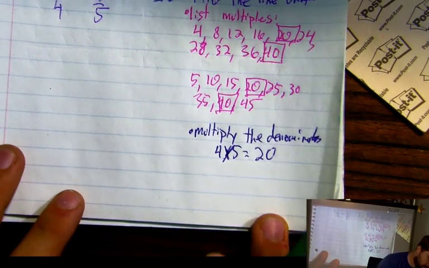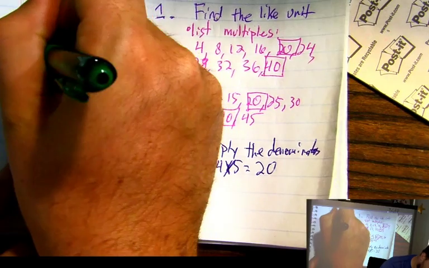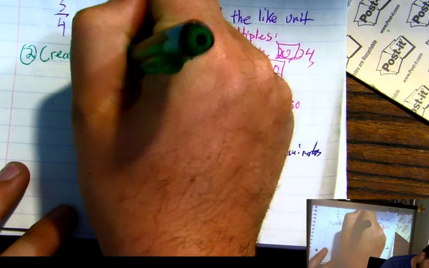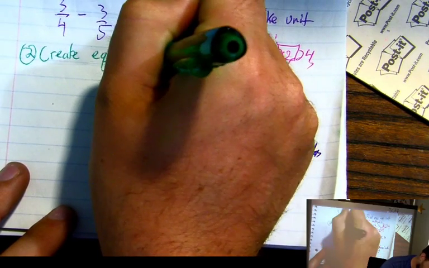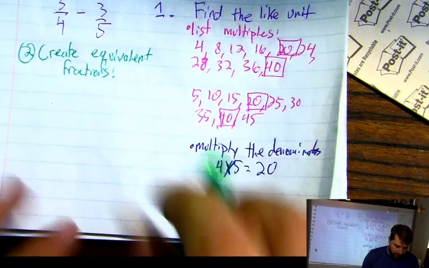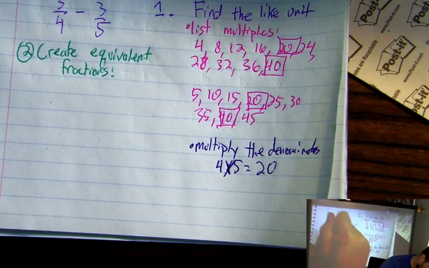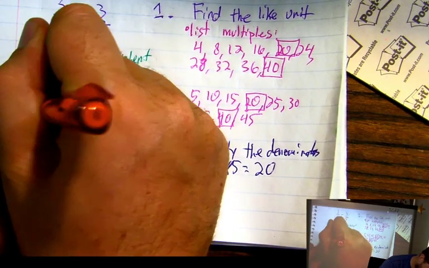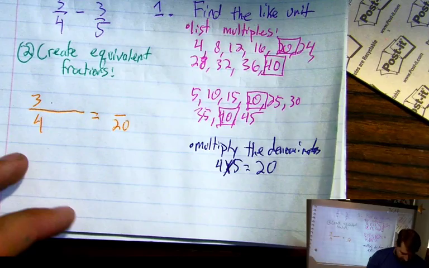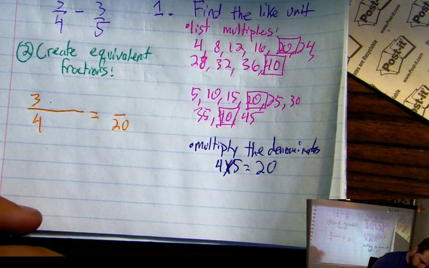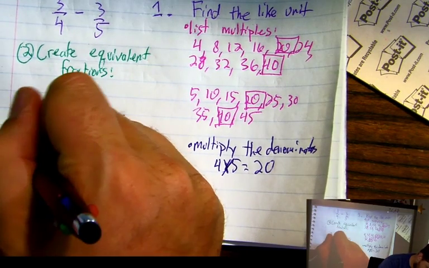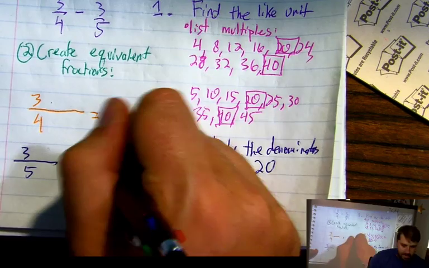Our second step is to create equivalent fractions. We're going to start with our fraction 3/4 and get it to equal something over 20. And then we're also going to take our 3/5 and get it to have the denominator of 20.